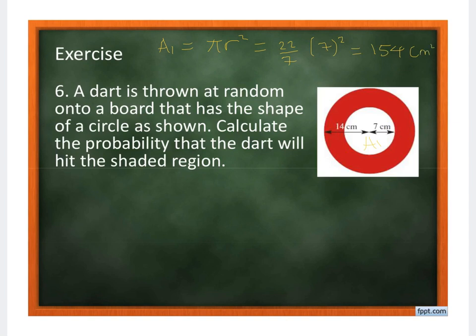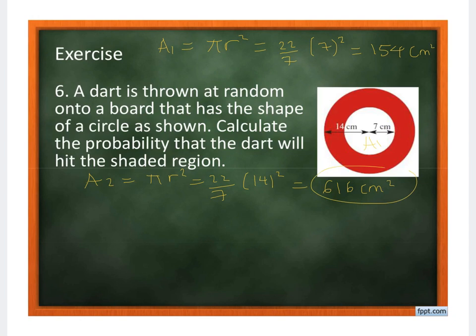And then find the area of the big circle. Pi r squared, (22/7), r is 14, squared, 616 cm squared. This is the sample space.